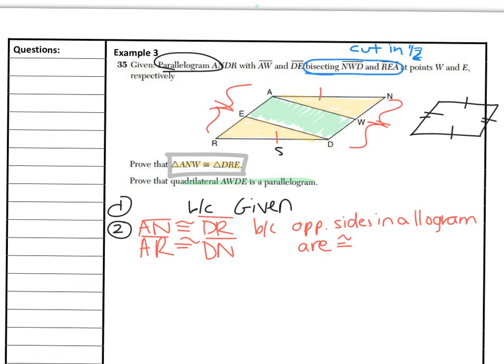So far that gives us an S. What else do we know about parallelograms? We know that opposite angles are congruent, right? So that would mean that angle R is congruent to angle N for step 3.